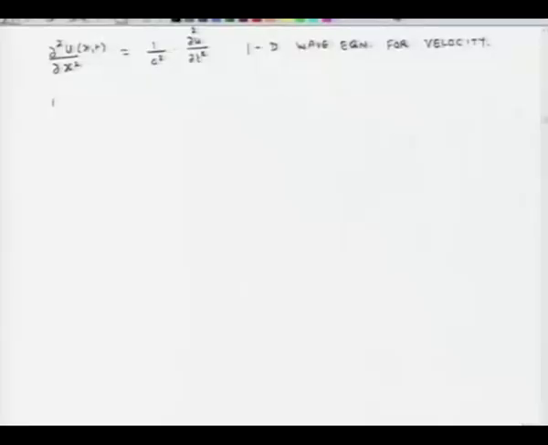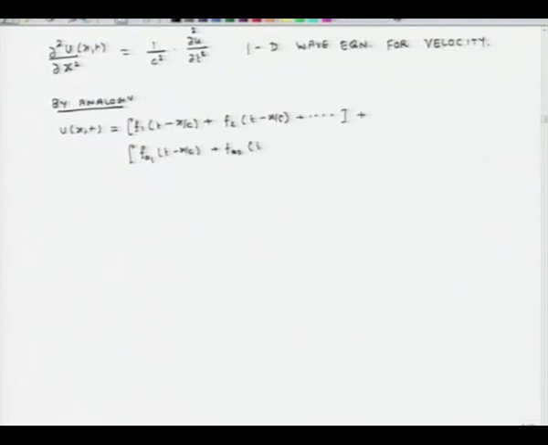So, let us write that down. By analogy, u of x, t, I can write it as f1 of t minus x over c plus f2 of t plus x over c, and so on and so forth, plus fa1 of t minus x over c plus fa2 of t plus x over c.